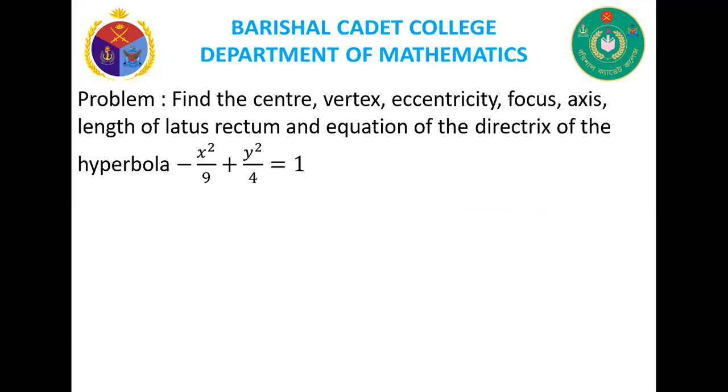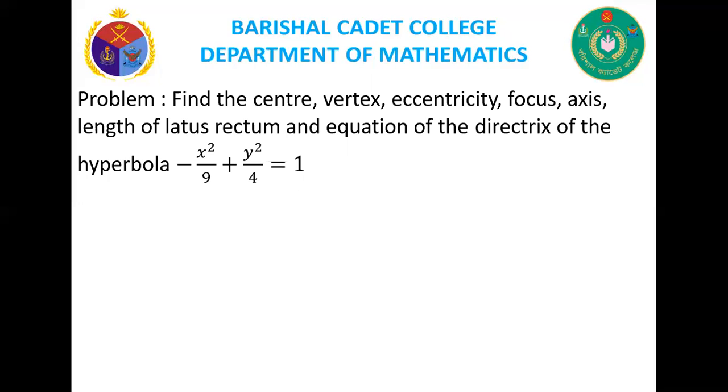Another problem. Find the center, vertex, eccentricity, focus, axis, length of the latus rectum, and the equation of the directrix of the hyperbola minus x square divided by 9 plus y square divided by 4 equal to 1. I am repeating again.